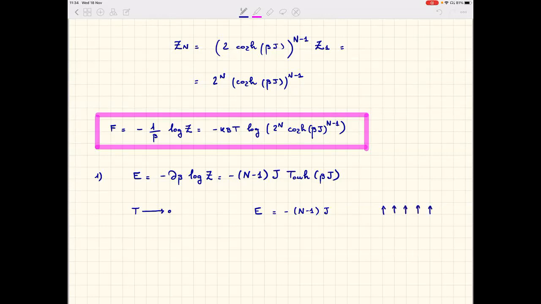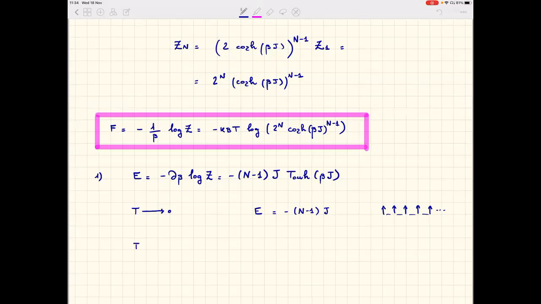So either all up or all down. In this case, all the bonds are satisfied, and therefore each bond gives you a minus J. Then times the number of bonds, not the number of spins. Therefore, you have minus (N minus 1) times J, and N minus 1 is the number of bonds, not of spins.